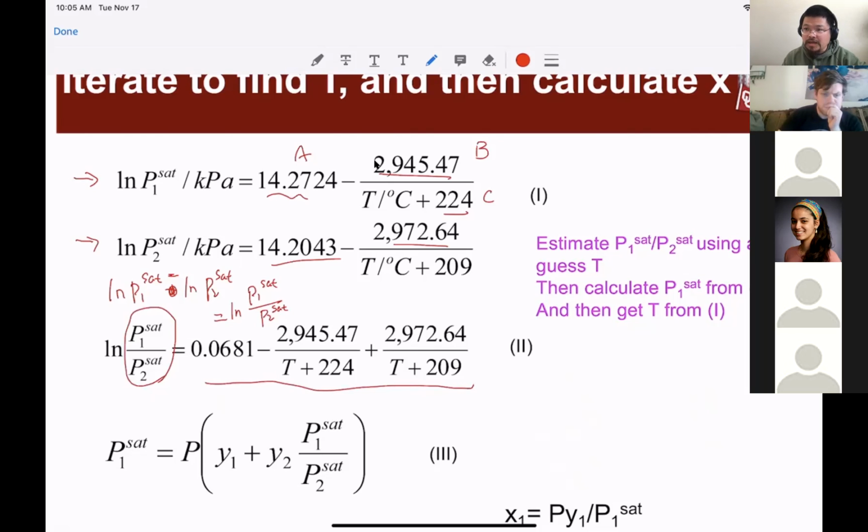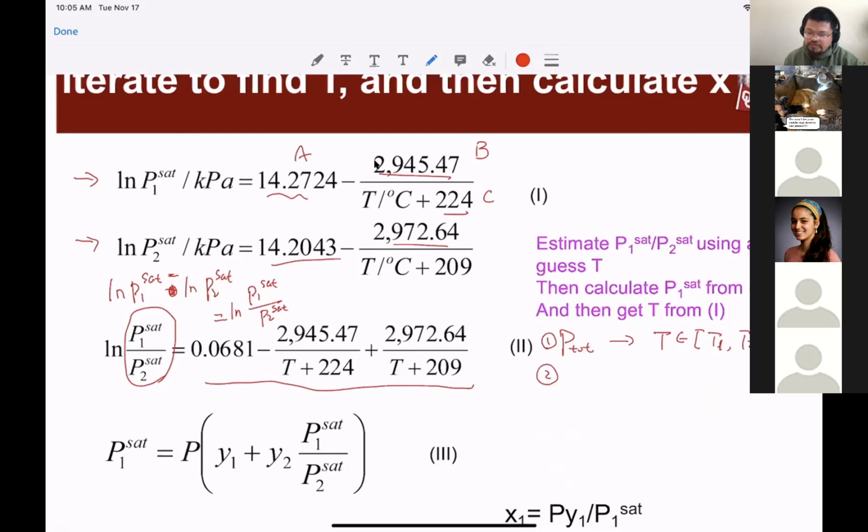So over there, I'm ready to start the iteration, which means I know the temperature range from the first step. So from the Antoine equation, from the P total, I can figure out the temperature range, T1 and T2. This is step one.